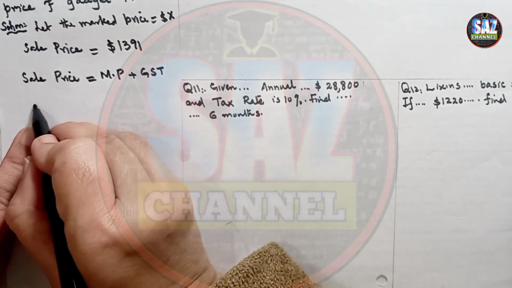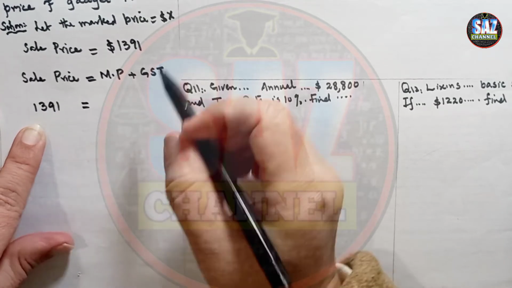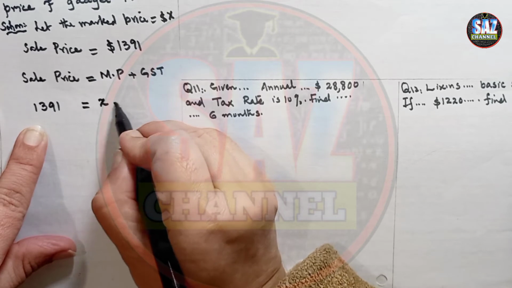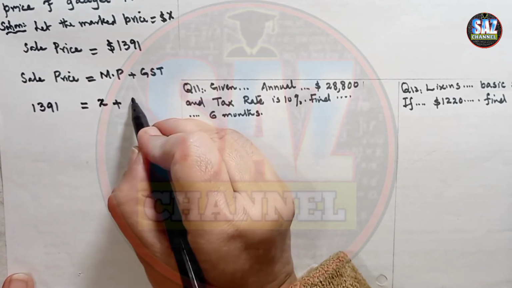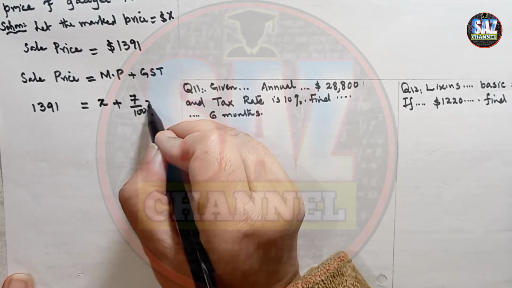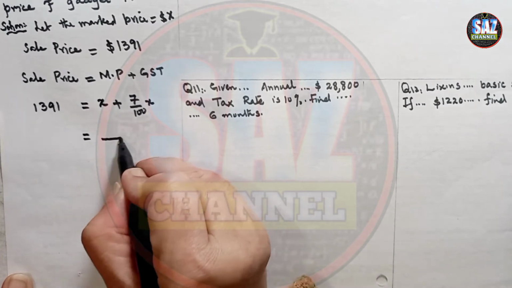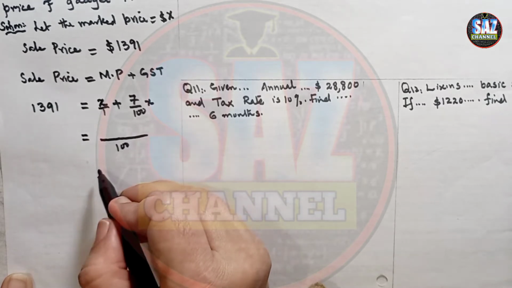Now, this 1391 will be equal to the mark price, which is X or unknown, and GST is 7% of the mark price, that is 7 over 100 x. Now we have to take the LCM here, 100, and this x as the denominator 1.